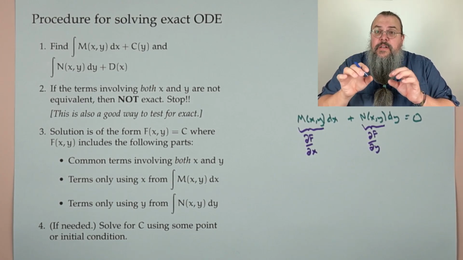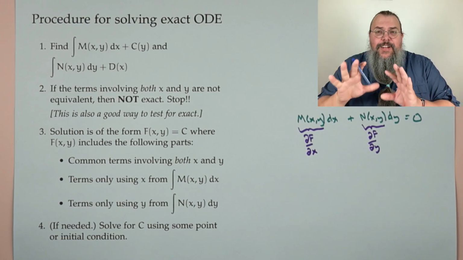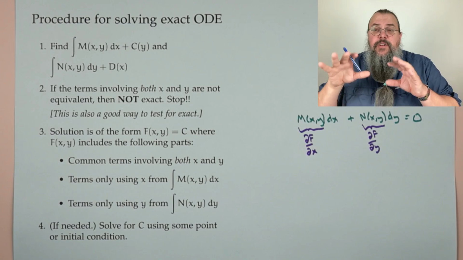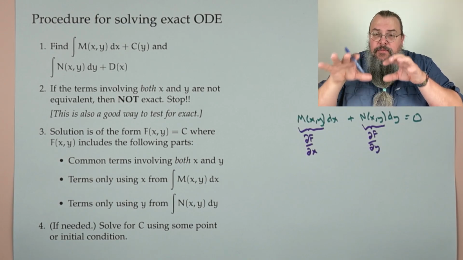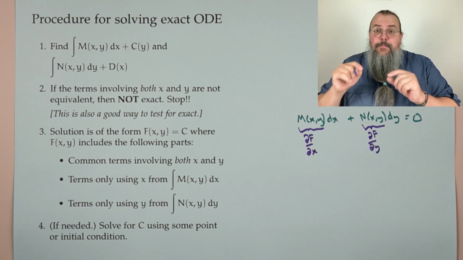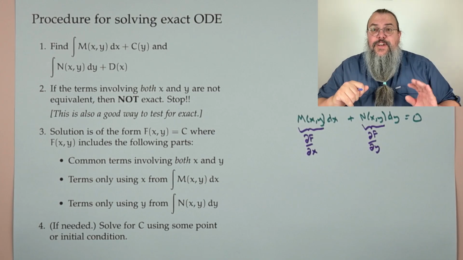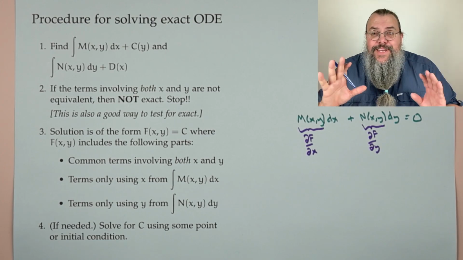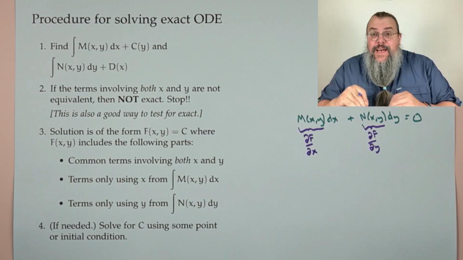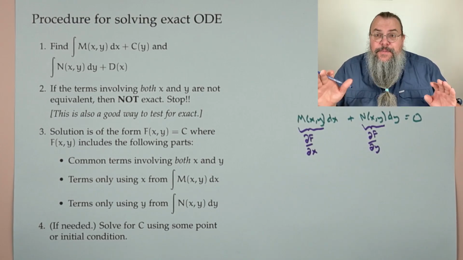What we want is for them to be the same, or more technically, equivalent. There's some way to write it so that the terms that involve both x and y match up. If they match, you're guaranteed to be exact, and the solution is going to be quick. We're seconds away from being done. If they don't match, it's not exact, and stop.